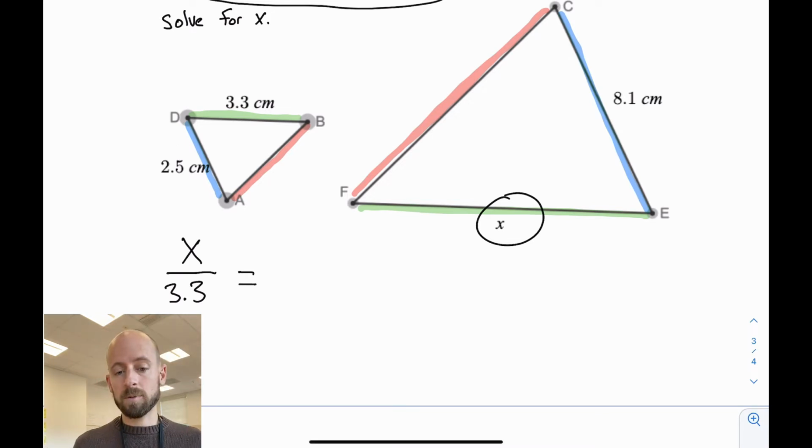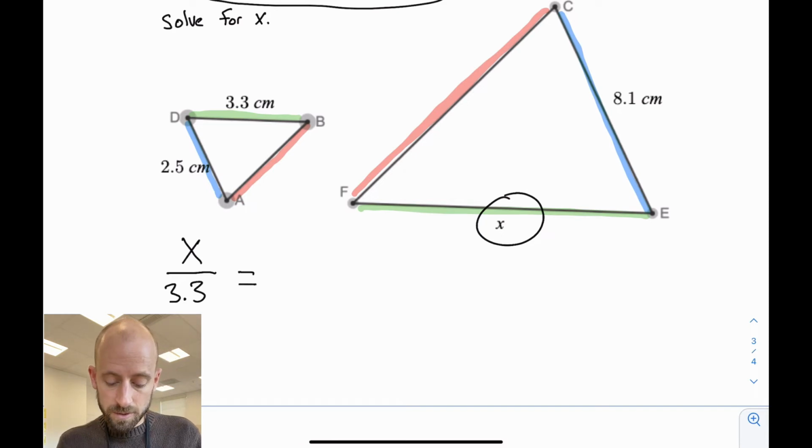In both of the examples that I've done so far, this one being the second one, I am putting x in the bigger triangle. It's not always like that. It could be that x is in the smaller triangle. I just chose the examples that way. But start with x in the numerator because that'll make your life easier when you're solving. It's fewer steps.